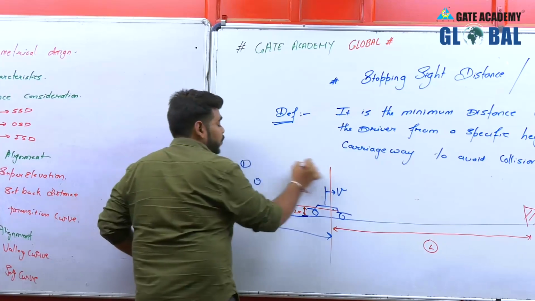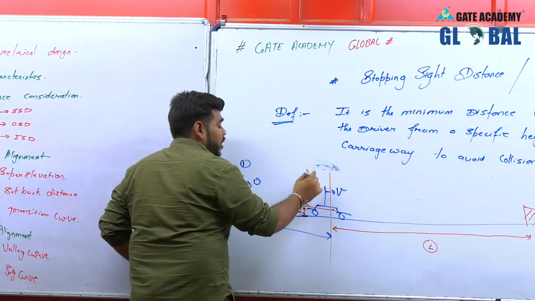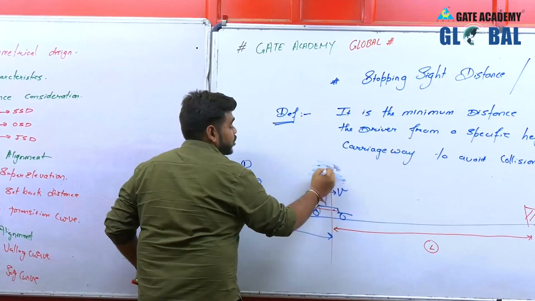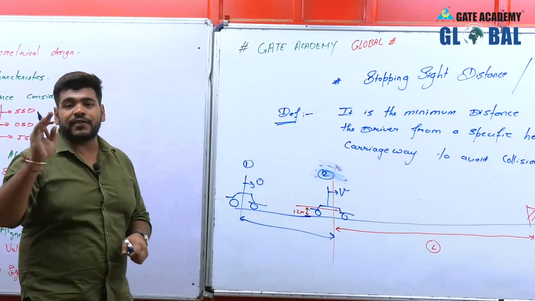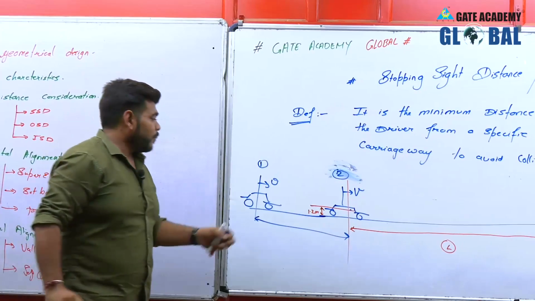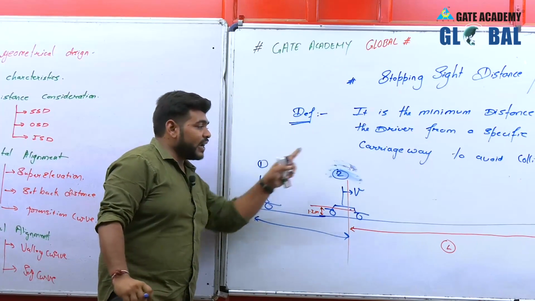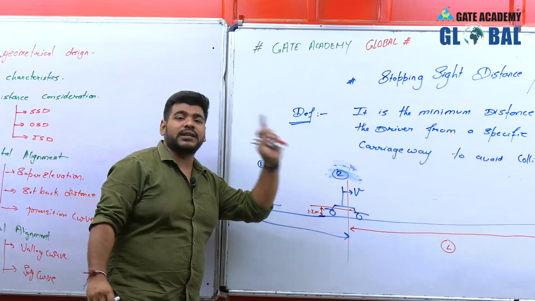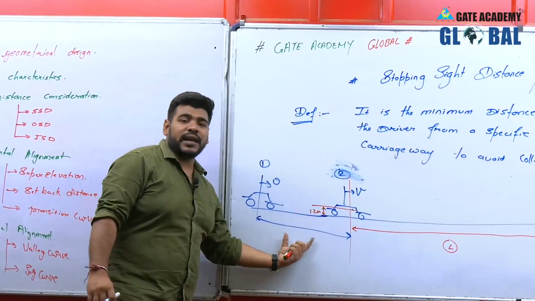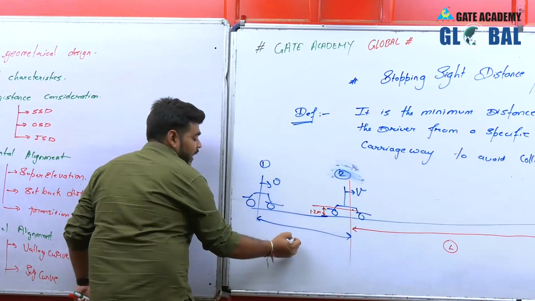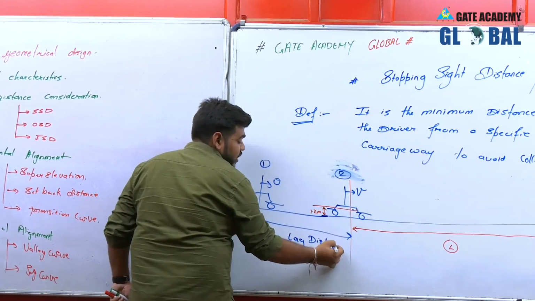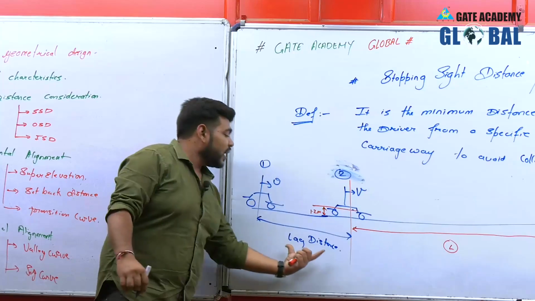Position 1 is where the driver sees an object and thinks of applying the brake, and position 2 is where he applies the brake. The distance covered in between, in this total reaction time, is termed as lag distance.